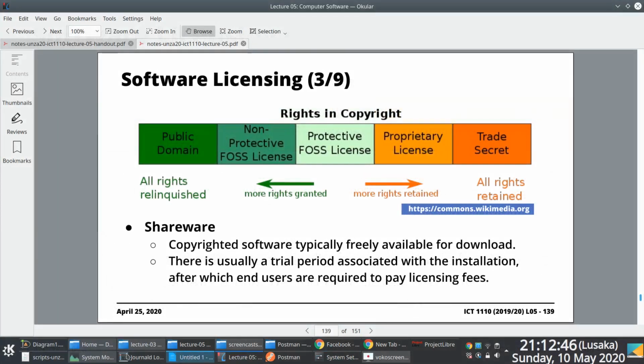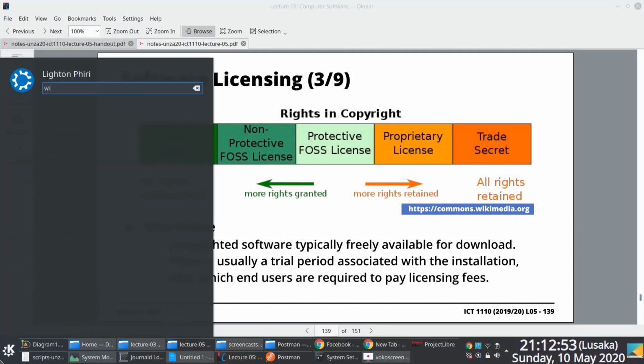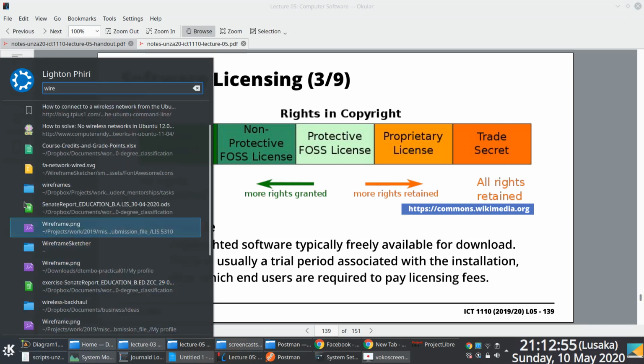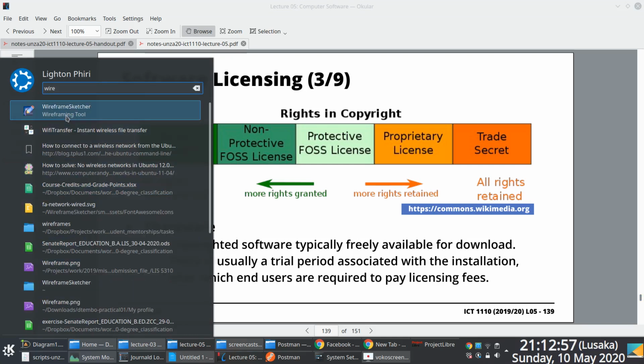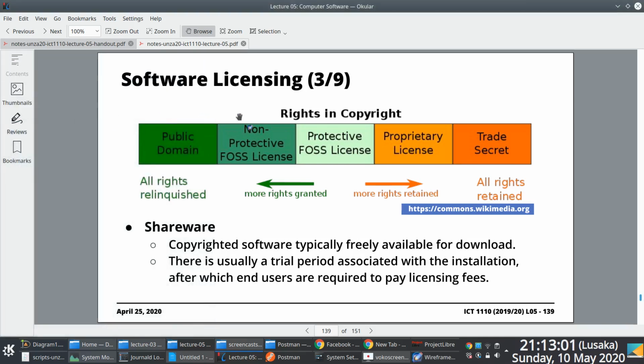And I think I have an example of, oh my god, what diagramming tool was I using? So I have a piece of software I was working with called, I hope this is the one, Wireframe Sketcher, right?